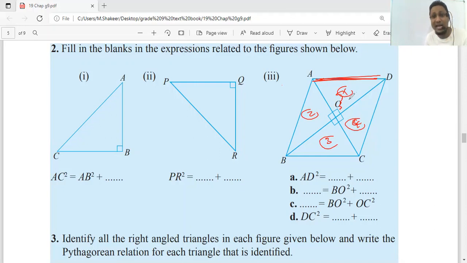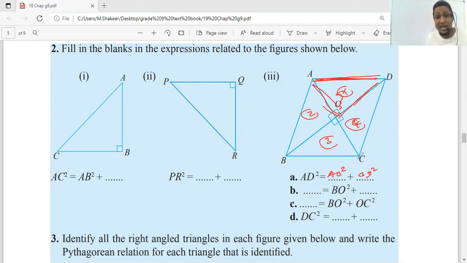The hypotenuse is AD squared. What are the other two sides? The other two sides are OD and AO. So I write AO squared plus OD squared. Finish it. That's the relationship.